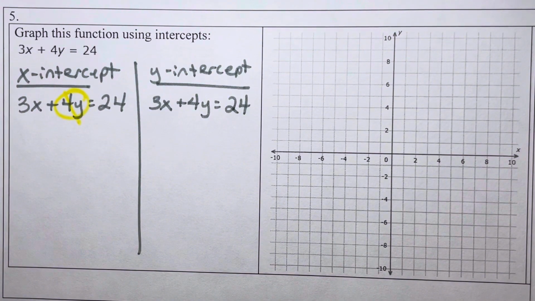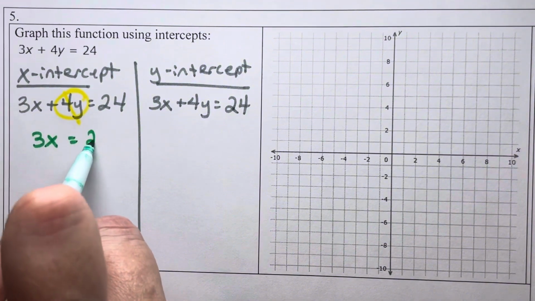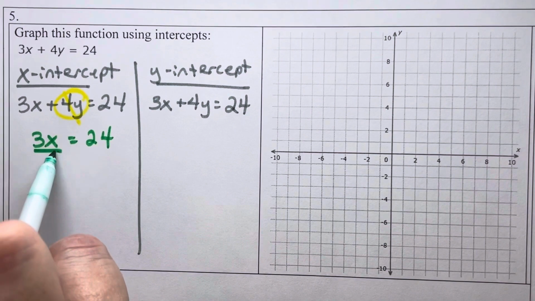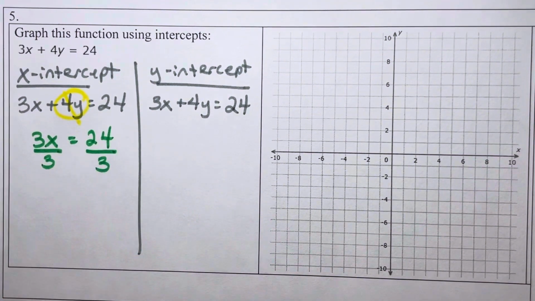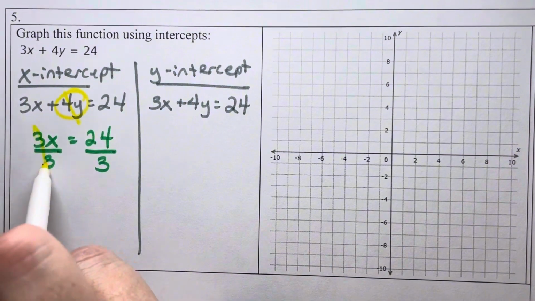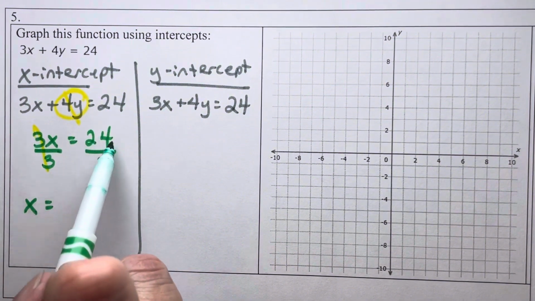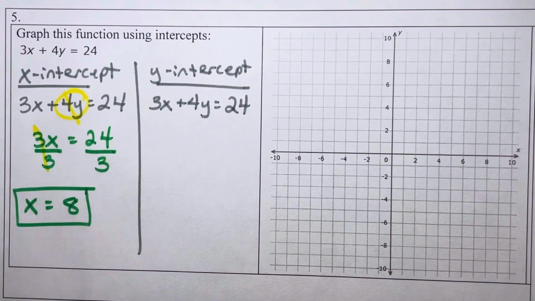And then from there, we are going to rewrite our tiny equation. And then if necessary, which we know it is because there is a coefficient in front of the x, solve it by dividing. When we do that, we learn that the x-intercept of our equation is 24 divided by 3, which happens to be 8.